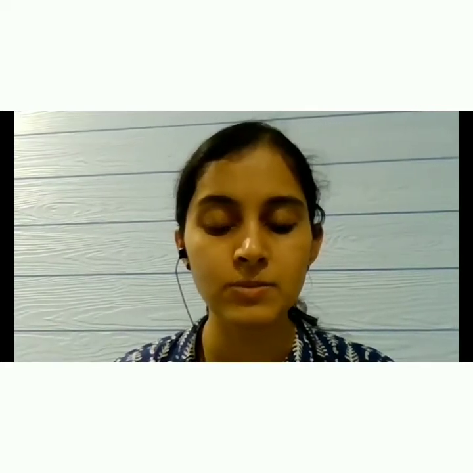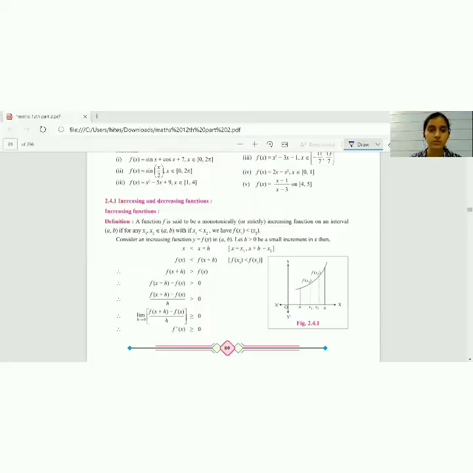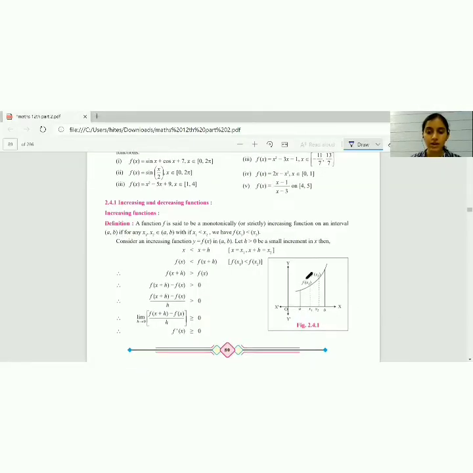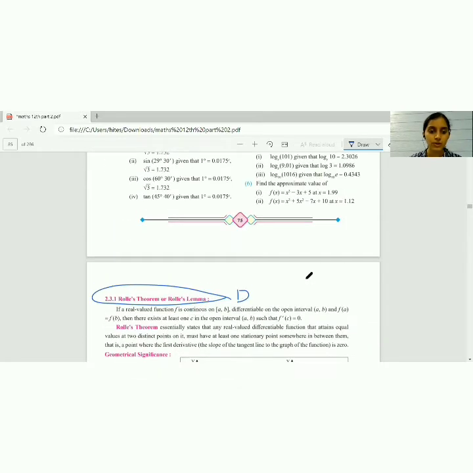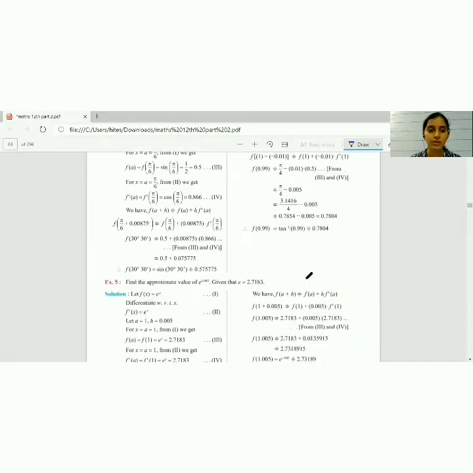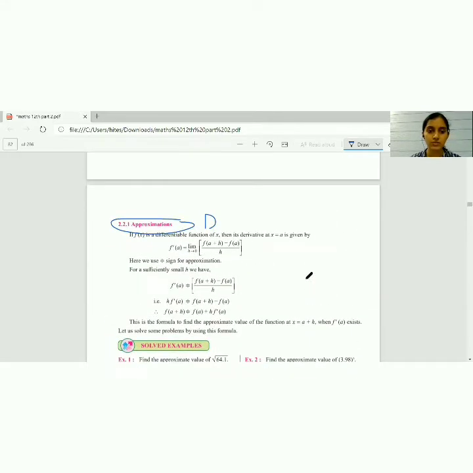I have informed you previously that some parts of this chapter are not included in your revised syllabus. I'll repeat it once again. I'll just show you the textbook. If you can observe here, even before 2.3.1, approximations, 2.2.1, is excluded.